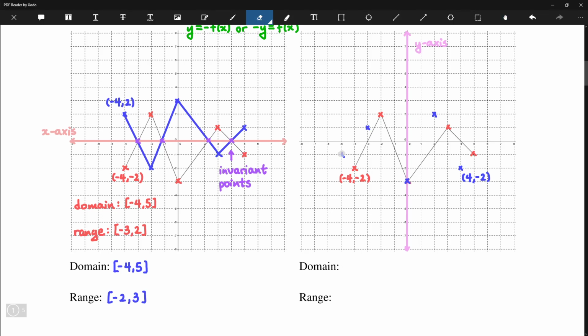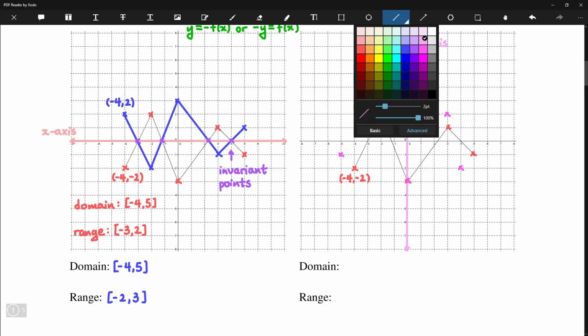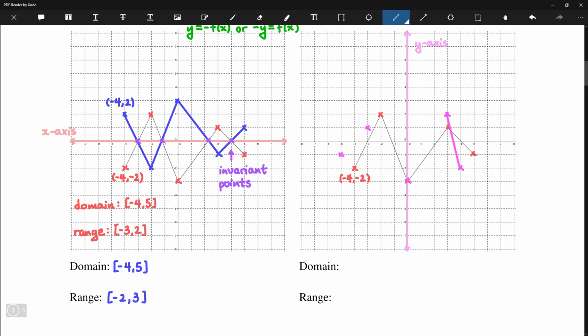All right, let's change that. Sorry about that. Okay. Let's see here. This point. All right. There we have it. And then, once again, we connect the points together to form a graph.